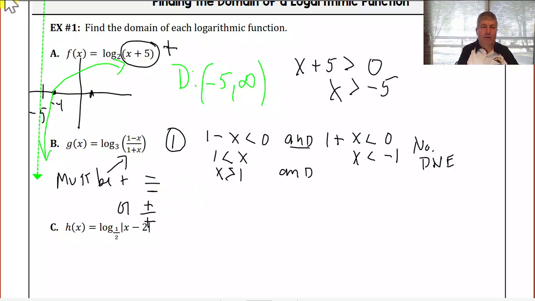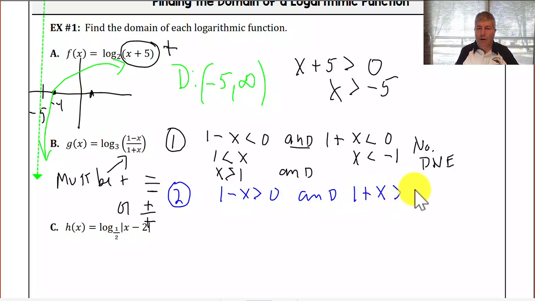So now let's take a look at option 2. Can we somehow get a positive over a positive? So can 1 minus x be greater than 0? And can 1 plus x be greater than 0? Can they, both the numerator and the denominator, be positive?